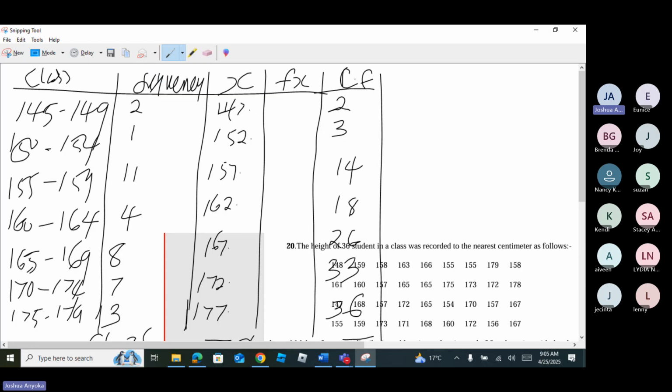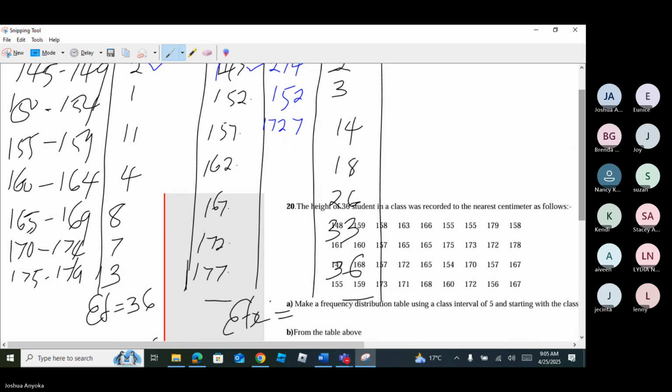The sum of fx: 147 times 2, 294. 152 times 1, 152. 157 times 11, 1727. 162 times 4, 648. 167 times 8, 1336. 172 times 7, 1204. 177 times 3, 531. The sum of fx.